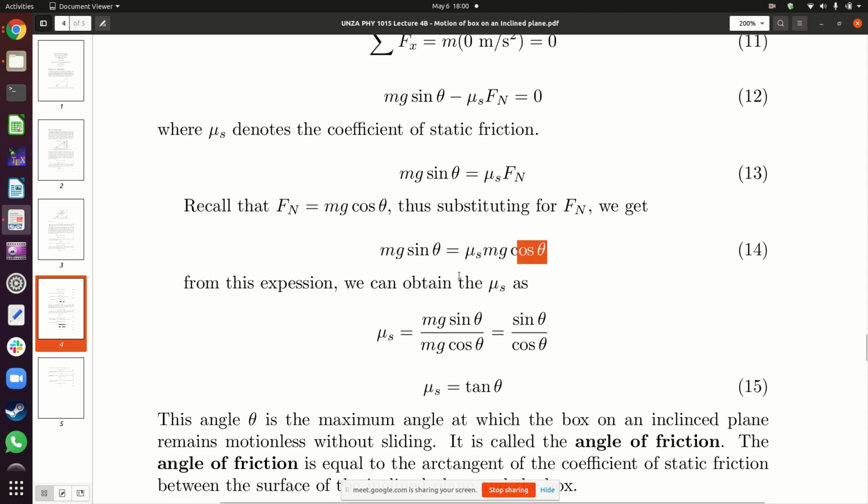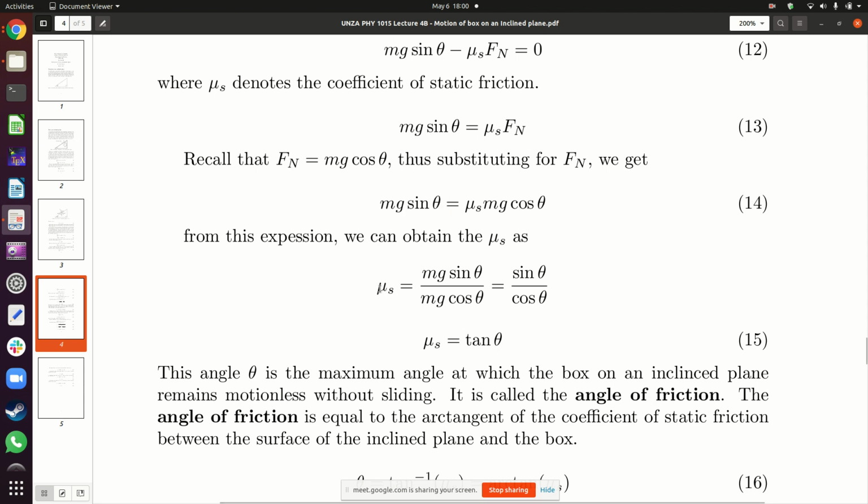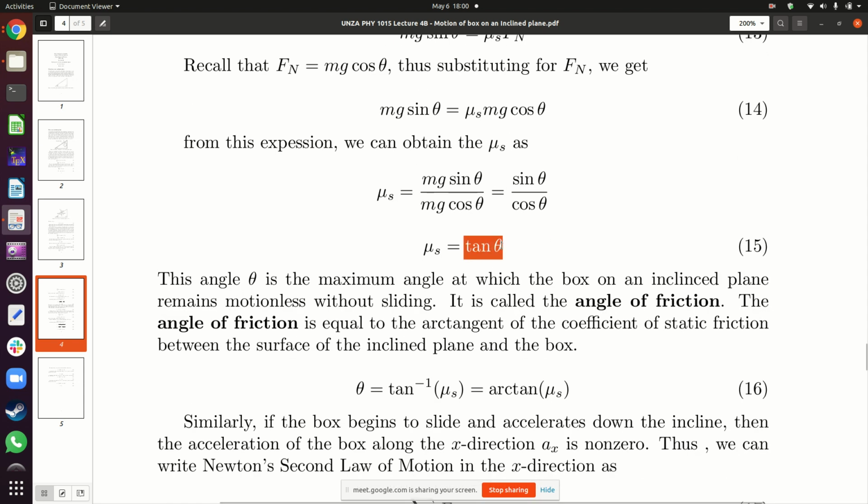For me to find the coefficient, I divide both sides by mg cos theta. The coefficient of static friction is equal to mg sin theta divided by mg cos theta. There's mg on both sides, so I divide them out and end up with sin theta divided by cos theta, which is equivalent to tan theta. That's how I did it.